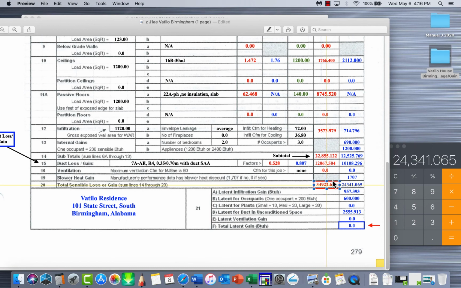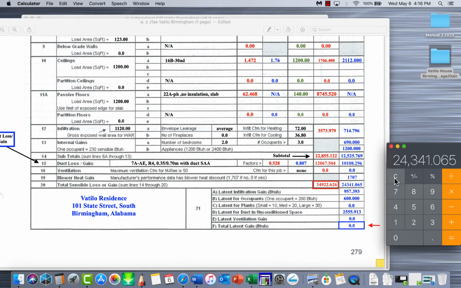Okay, but that is your total heating and your total cooling sensible right here and right here. And now we just need to add these up real quick. Starting right here at 957.393 plus 600 plus 2555.913.